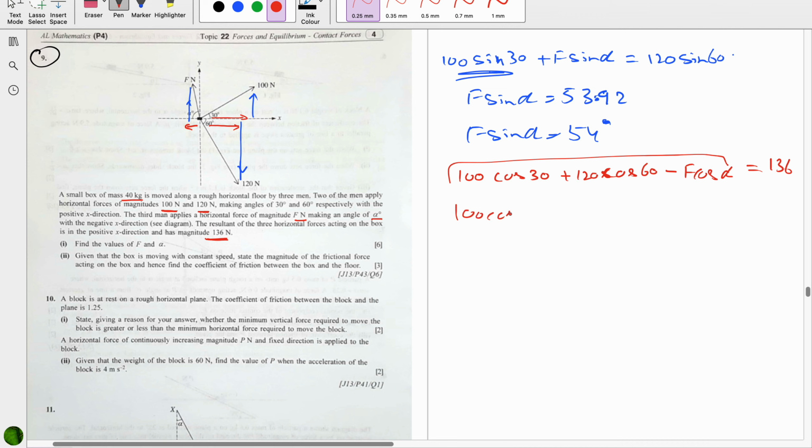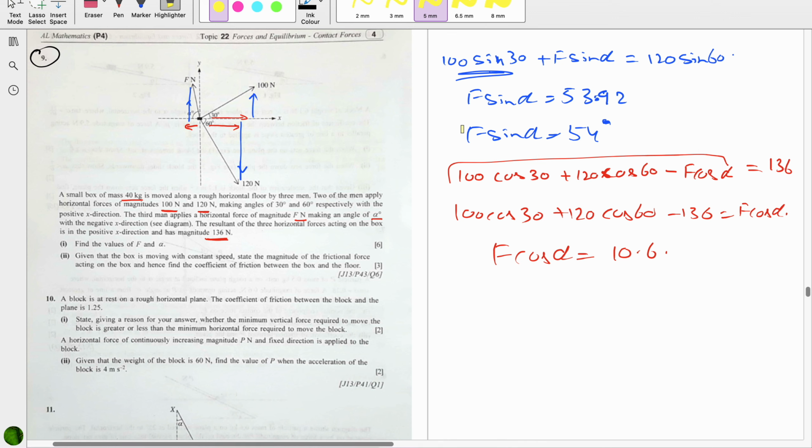So 100 cos 30 plus 120 cos of 60, bringing this 136 on the left side and taking F cos alpha on the other side. Use of calculator, 100 cos 30 plus 120 cos of 60 minus 136 is 10.6. So F cos alpha is equal to 10.6.